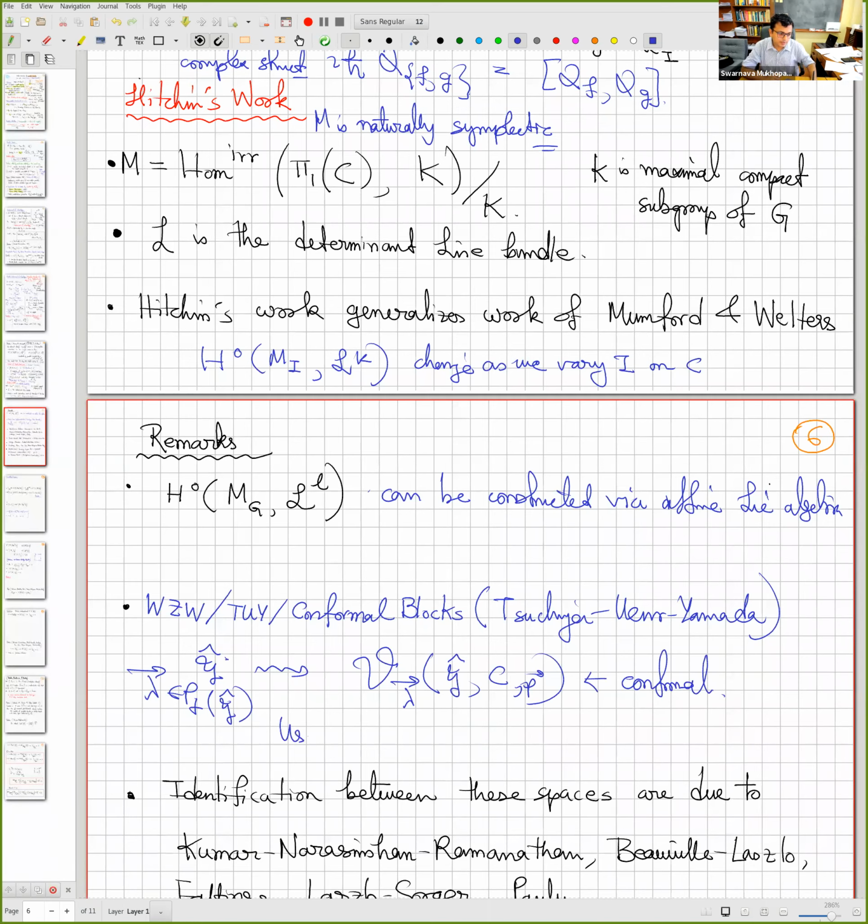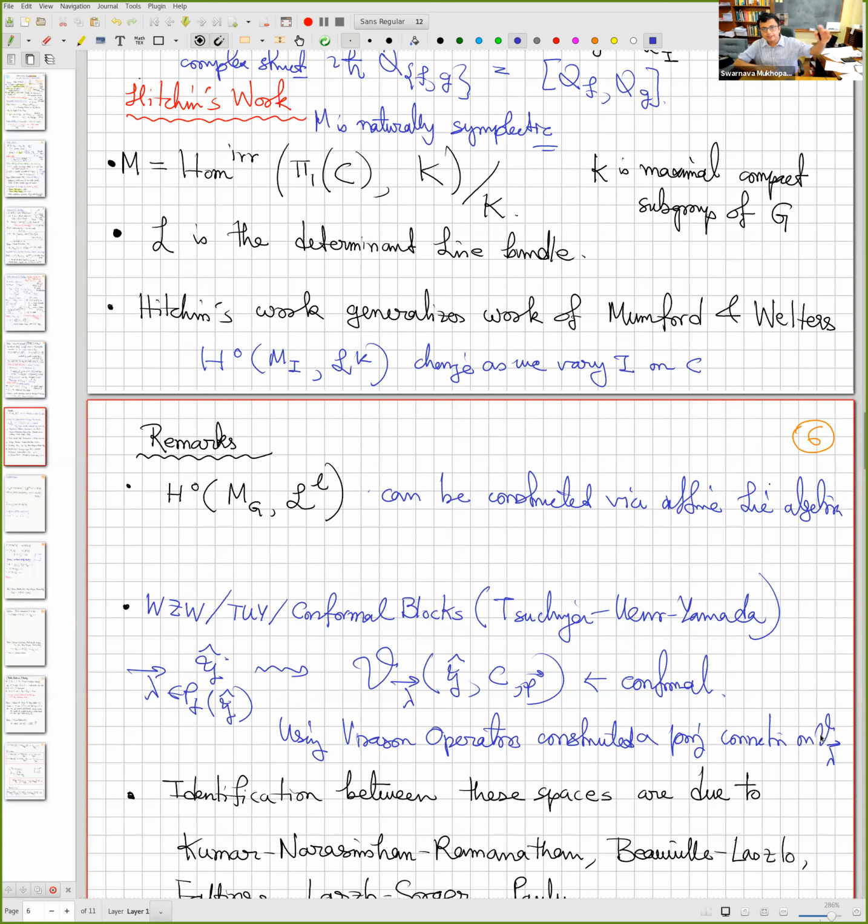Using Virasoro operators, Tsuchiya, Ueno, and Yamada constructed a projective connection on the coherent sheaf V_lambda. I'm going to call this the TUY connection.